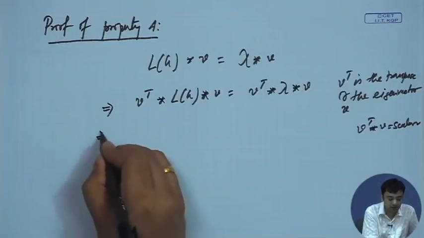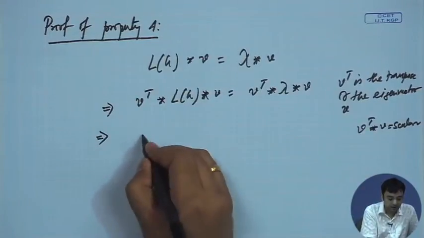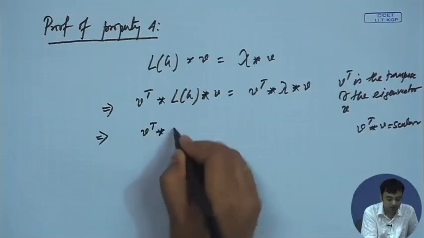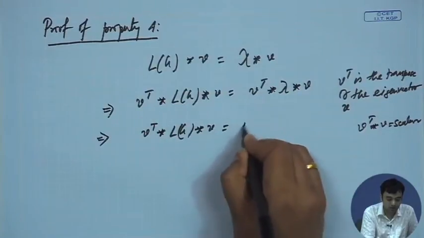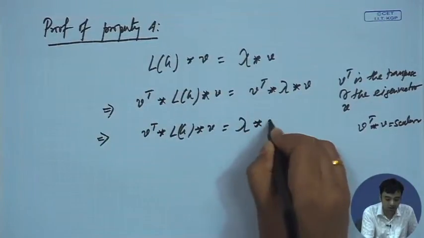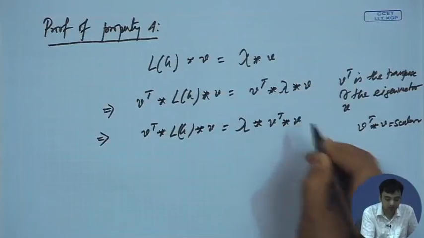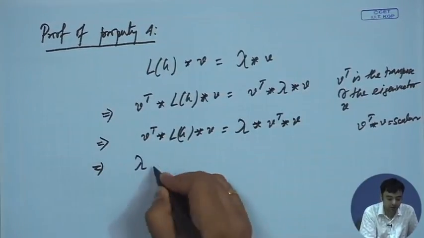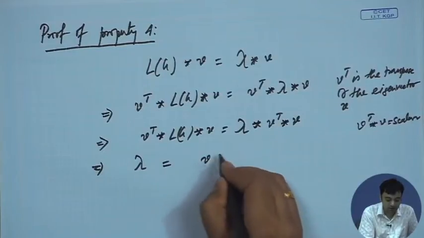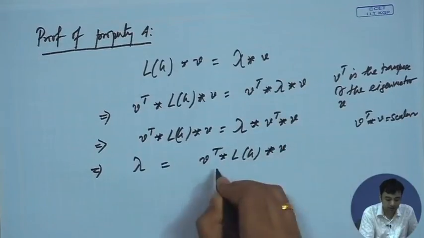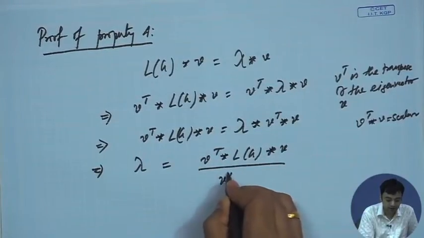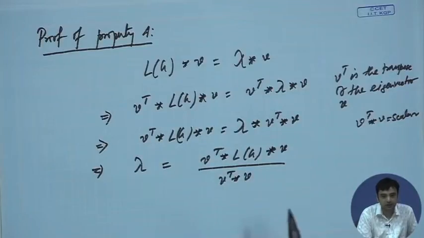So, that means we can write V transpose star Lg star V is equal to lambda, we can take out as a constant, V transpose star V. Therefore, we can write an expression for lambda as follows: V transpose star Lg star V divided by V transpose star V, and we can do this division since V transpose V is nothing but a scalar, because you are multiplying the eigenvector with its transpose.